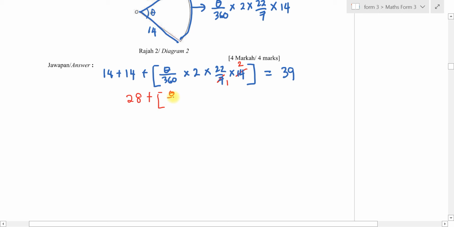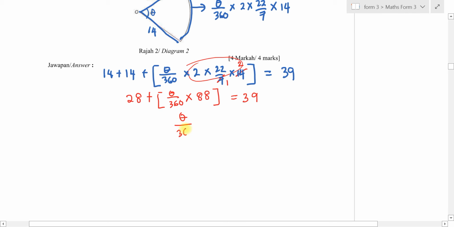So theta over 360 multiply. All of this you can multiply, right? 2 times 22 times 2, how much? 88. We simplified already, everything here equals 39. This 28 we bring to the opposite side.